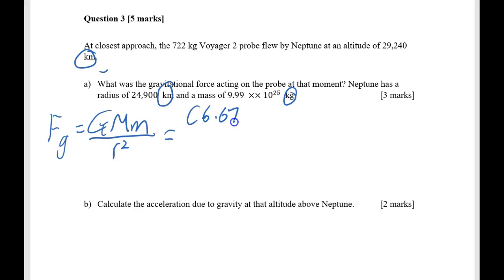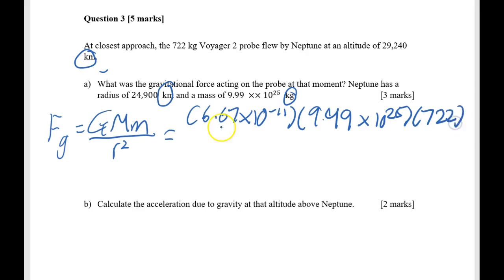Now what I need to do is to plug in the values of the constants. First of all, the mass of the first object, Neptune, 9.9 times 10 to the power of 25, and the probe is 722 kilogram, divided by the distance between both of them.